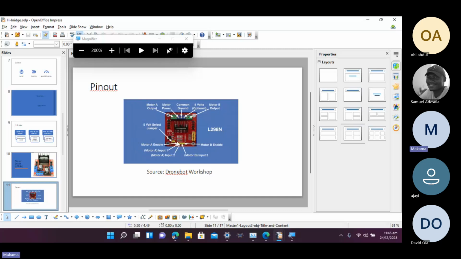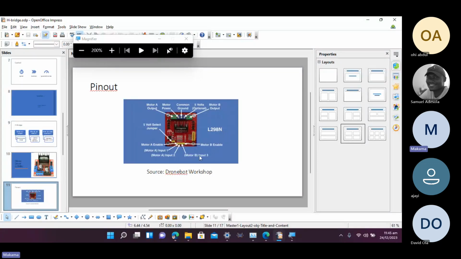So we have the motor A. We have some tiny pins which the image is not clear for you to see. It has 5 pins here. We have the motor A enable, the motor A input 1, motor A input 2. We have the motor B input 3. Okay, sorry, there is a pin that has not been stated.